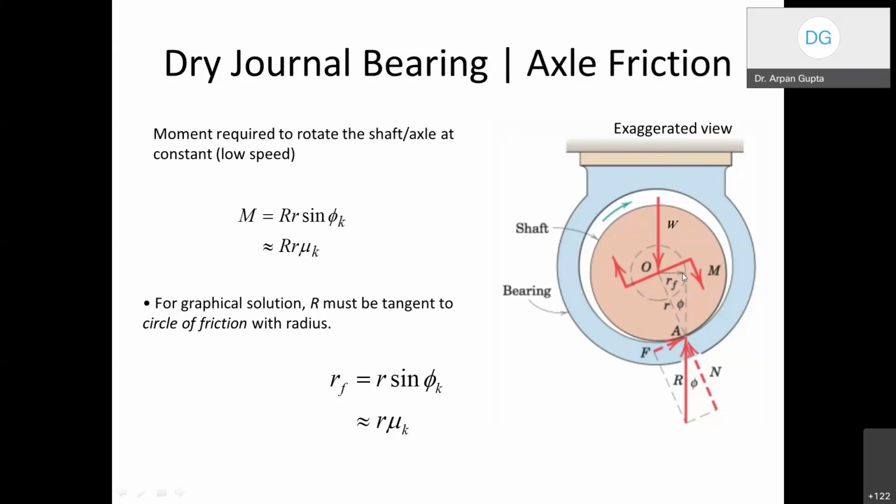Since phi is small, we can assume sine phi equal to tan phi equal to mu, and therefore this can be approximated like this. For a graphical solution, R must be tangent to the friction circle. This small circle that you can see here, where the net resultant force is tangent, is called the friction circle in the case of dry journal bearings.